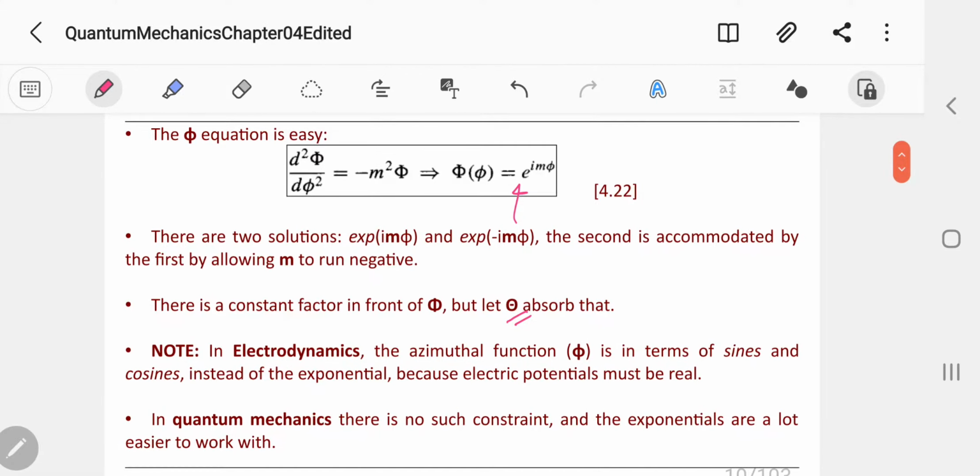By the way, here you have an exponential as the solution of phi, because we don't necessarily require the solution to be real. In the case of electrodynamics, the solutions have to be real. That's why you have to use sines and cosines there. You can review your special techniques in electrodynamics and check that the solutions for this one are in terms of sine and cosine.